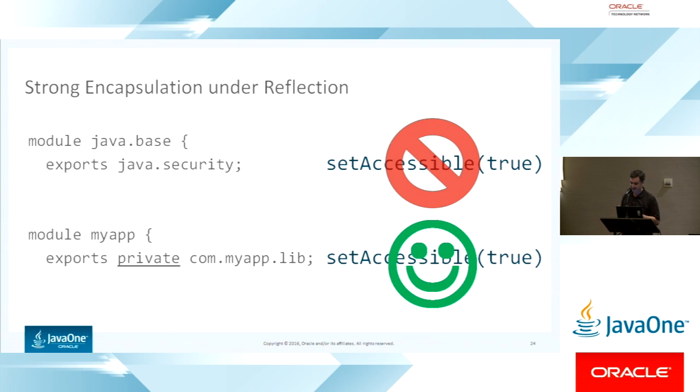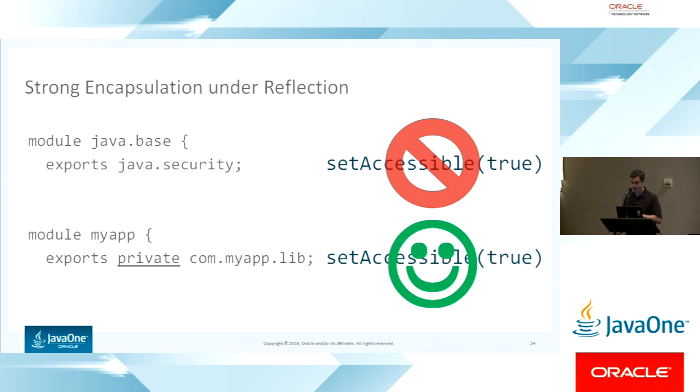The bottom line is that strong encapsulation is even stronger than the powerful reflection capabilities traditionally offered by the Java platform. It's up to the module author to choose strong encapsulation, and if they do, via a plain exports, as we do in Java base, there is no way for another module to break in.